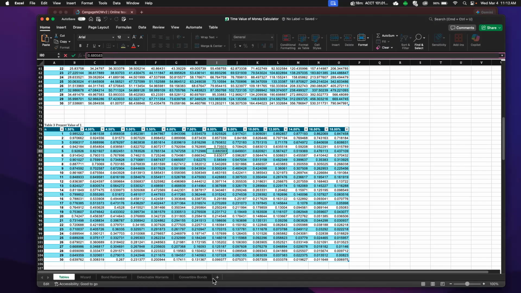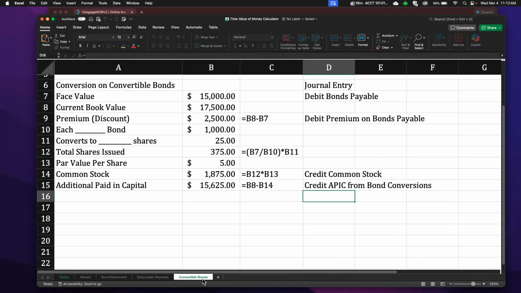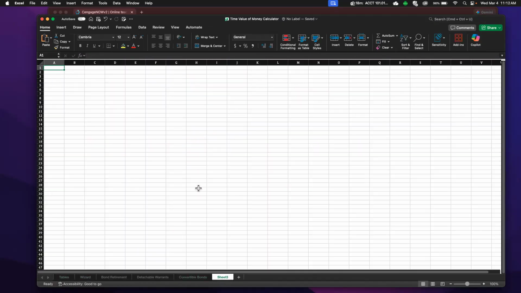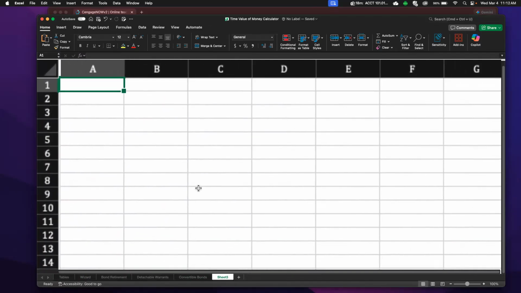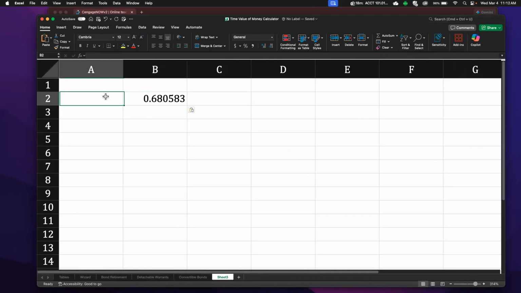So we're going to copy that. I'm going to add another sheet over here and paste it. This is our present value factor.